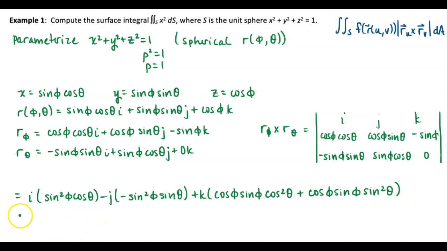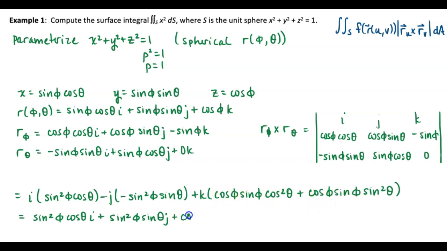Okay, let's continue to simplify each term as much as we can. So the i term we can't simplify. That's just a sine of phi squared cosine theta, i. j term, we can just make this a positive sine of phi squared, sine of theta, j. The k term, what can we do with this? Well, I see a cosine phi, sine phi in both of these terms.